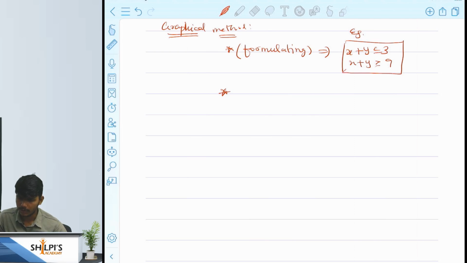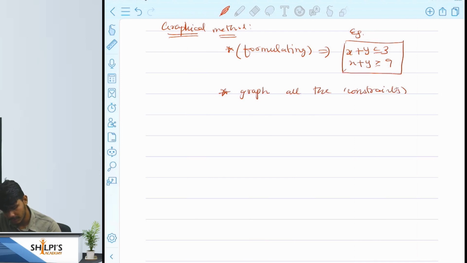About this point, you can rewrite it as simply: graph all the constraints, or simply graph all the equations that you have derived from the descriptive problem with the constraints.